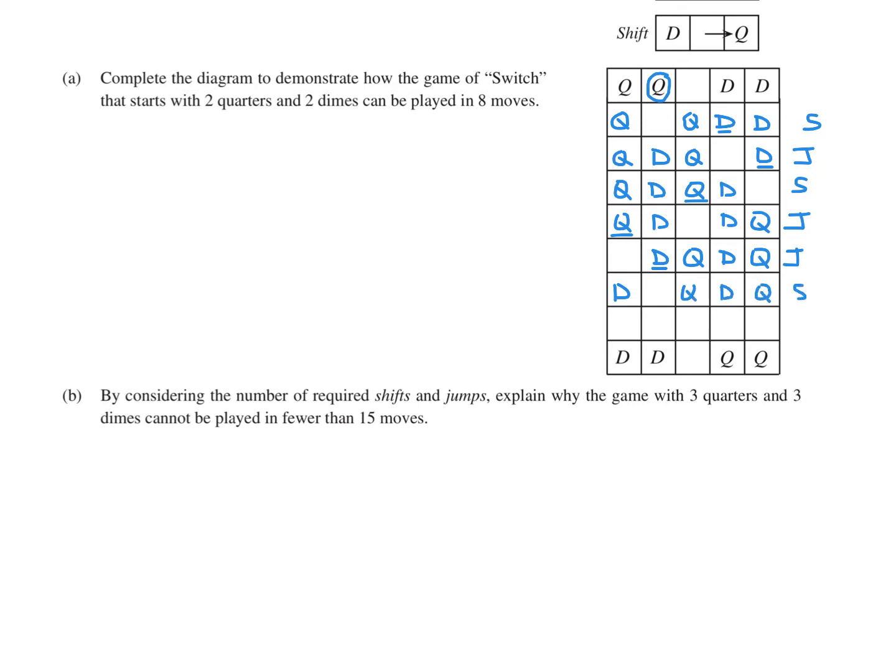That's a shift. And I guess this D can now jump over. Like that. And then finally this Q can shift over to go there. And then that would be a shift. And then that's it. So there you go. It's actually not that bad. With a little bit of experimentation, you should be able to get it right.